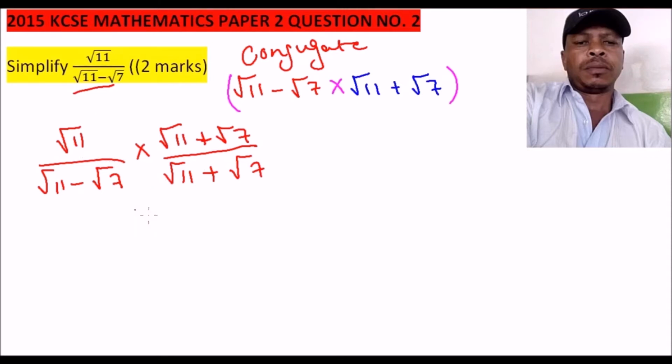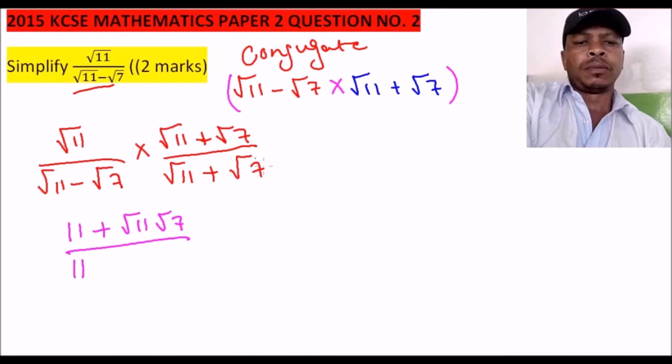So we now multiply root 11 times root 11 itakupatia 11. Ukimultiply roots unatoa hiyo root yenye iko hapo. Root 11 times root 7 itakupatia plus root 11 root 7. Tuna divide, tumemaliza na numerator. Tuna multiply root 11 times root 11 itakupatia 11.